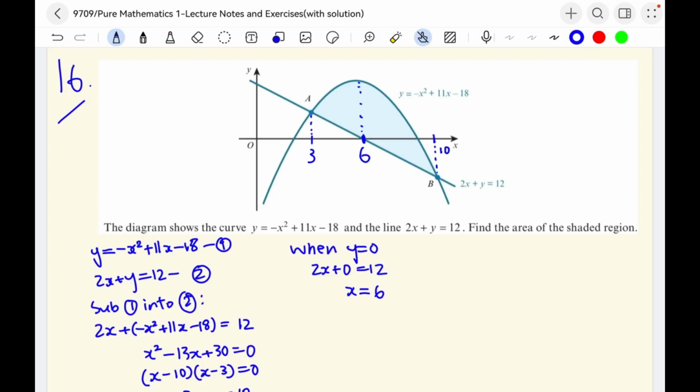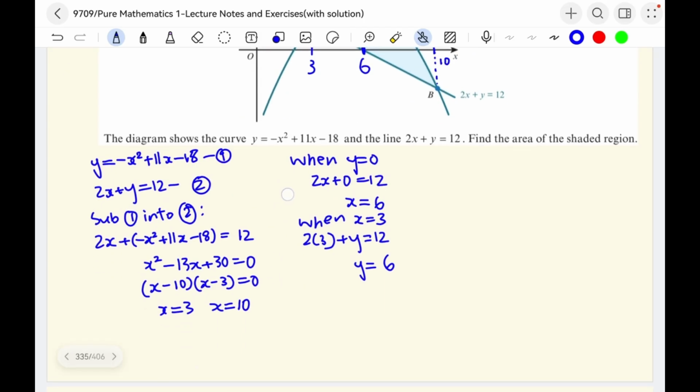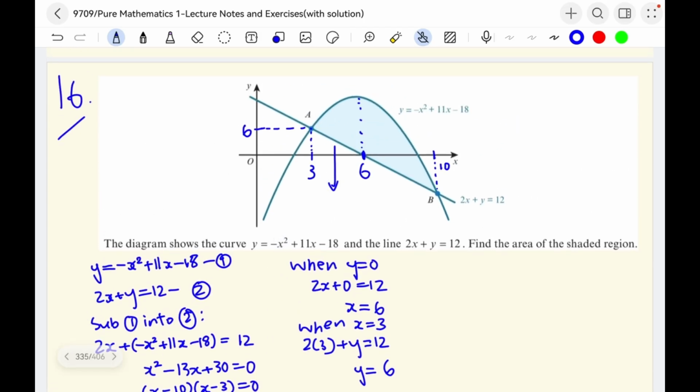So you can say when x equals 3 for the linear function, what will you get? You will get 6, which means that the height is 6. So the area of this triangle, the integral of this linear function from 3 to 6, 12 minus 2x, is equal to half times 3 times 6.